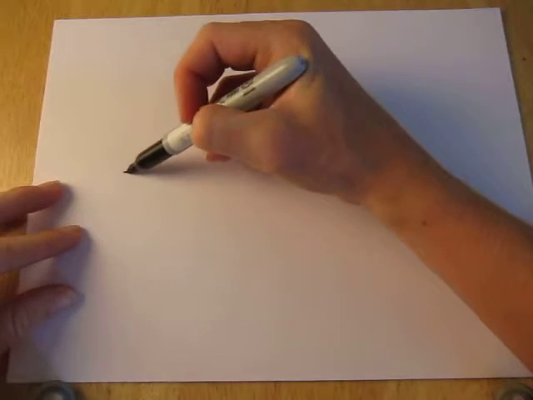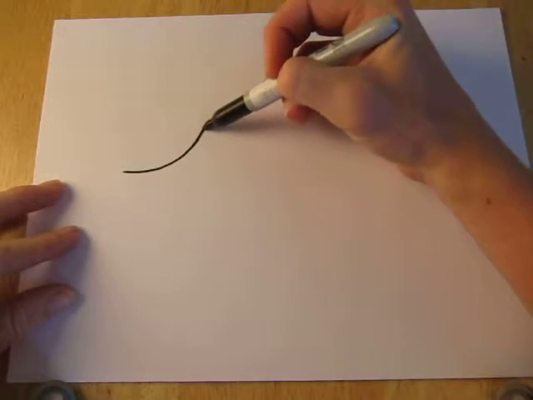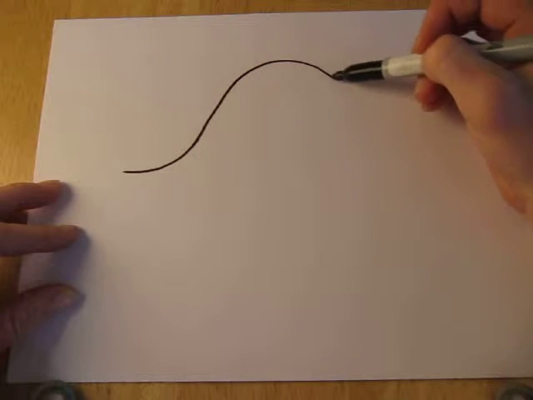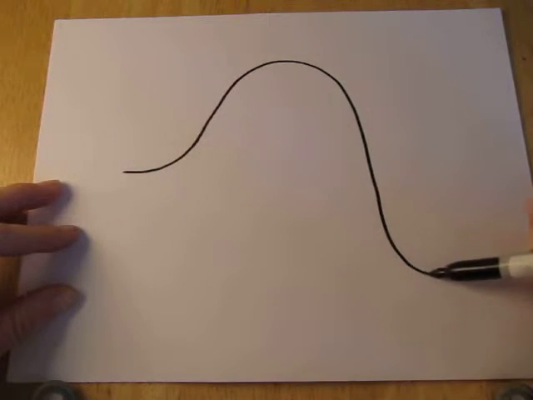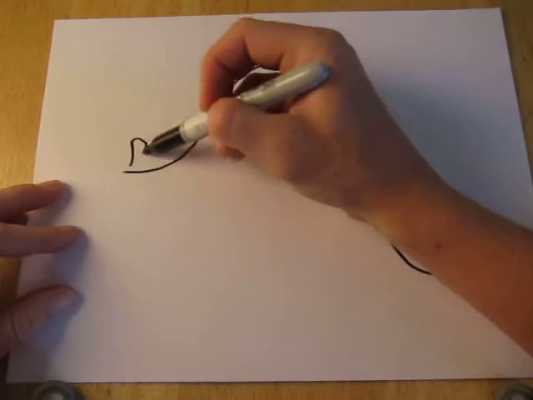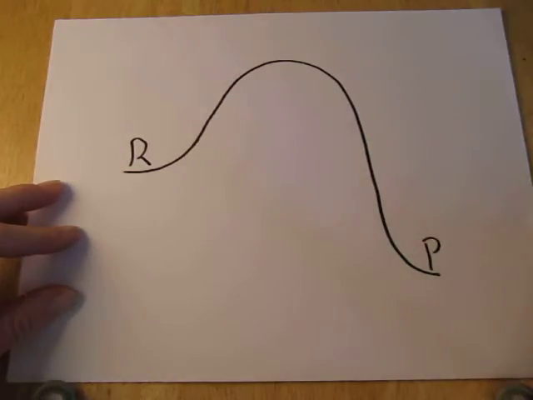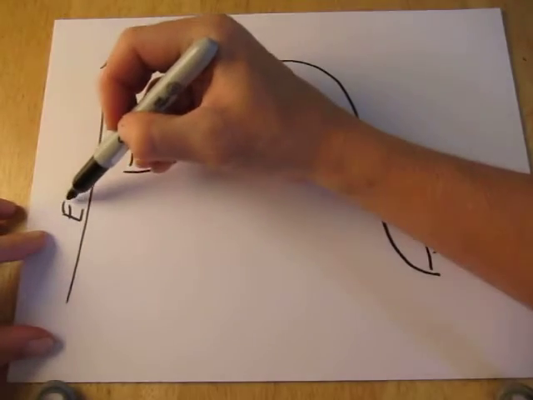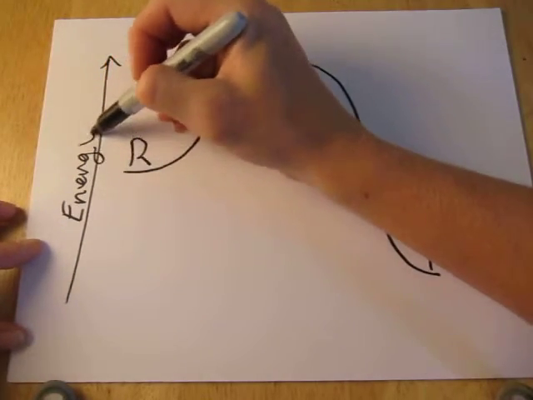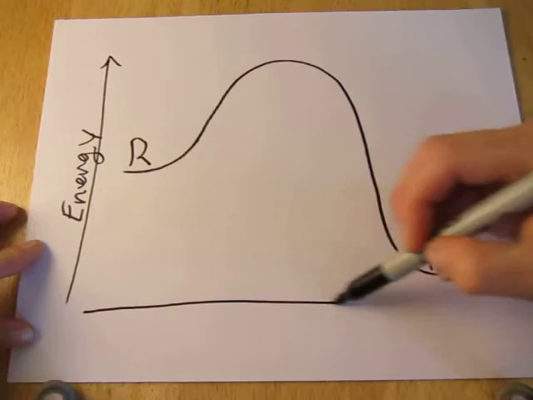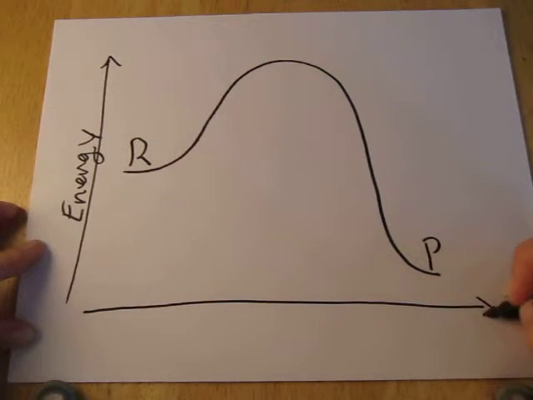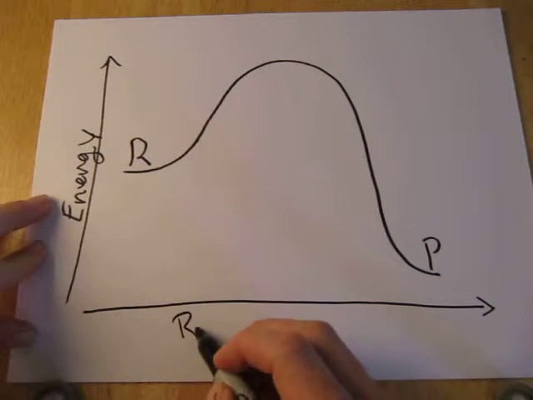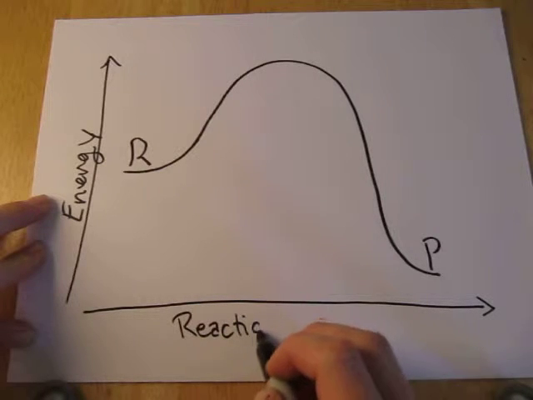In this lecture, I'm going to talk about catalysis. So we have seen before in lots of different scenarios an energy profile of a reaction, with this being the reactant and this being the product, with increasing energy on this axis, and this one being called reaction progress.